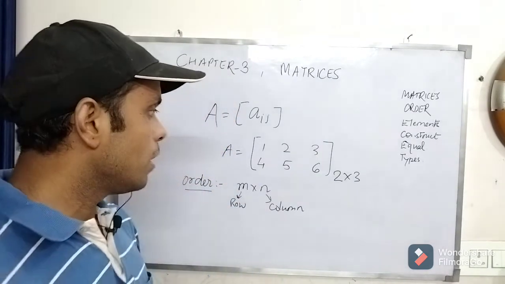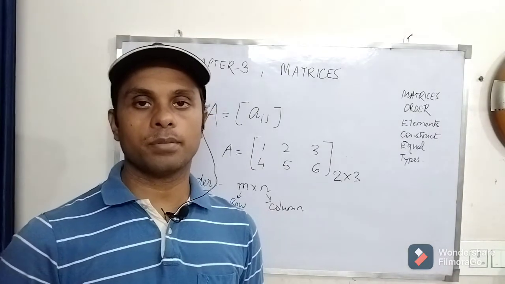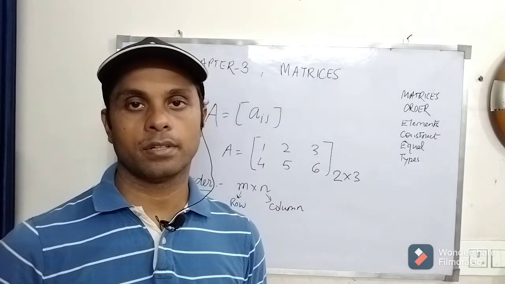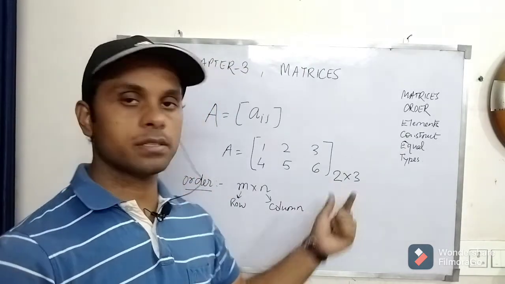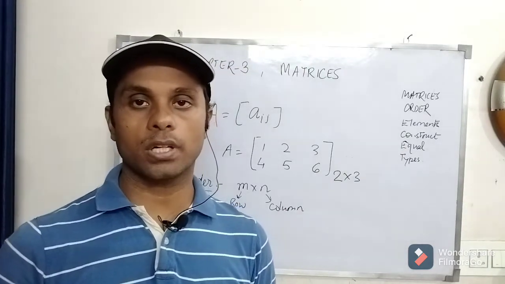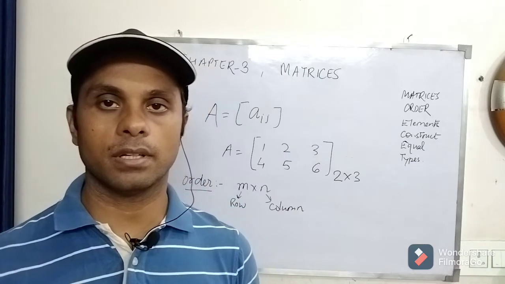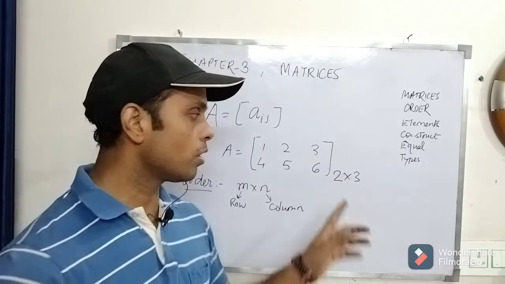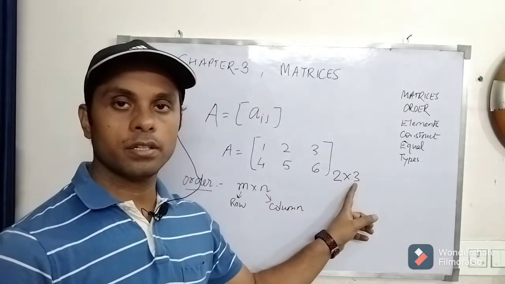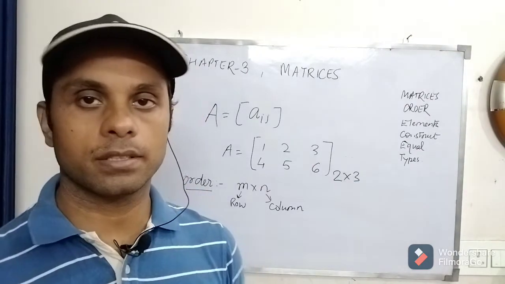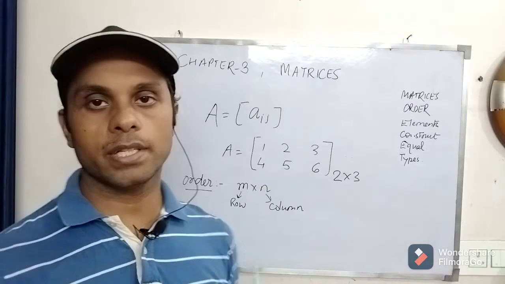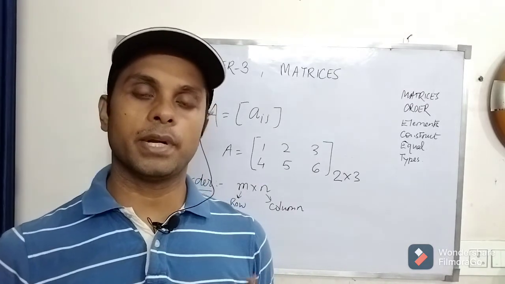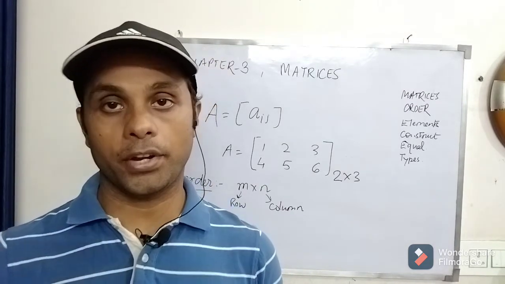Okay, what does order of a matrix indicate? So basically order of a matrix also tells us total number of elements in that matrix. Look, order is 2 by 3, so 2 3s are 6. Therefore, there are 6 elements in this matrix and each element is called an entry.